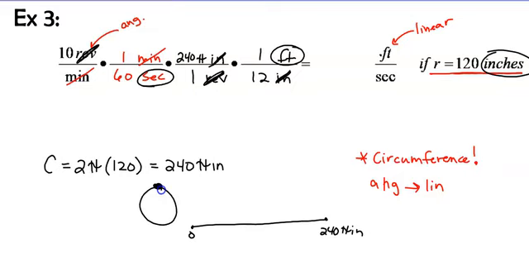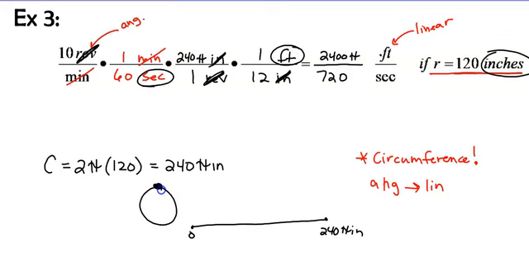So 10 times 1 times 240 would be 2400 pi over 60 times 12, which is 720. Okay, and then you can just type that into a calculator. Once again, 2400 pi.